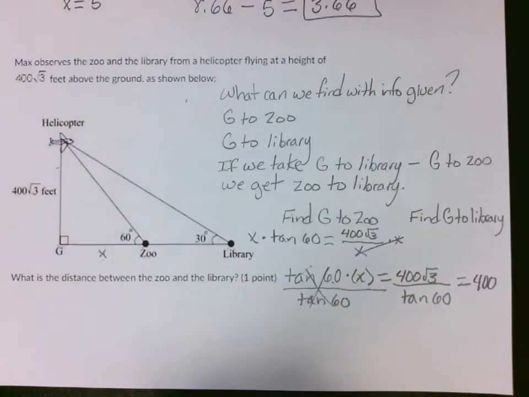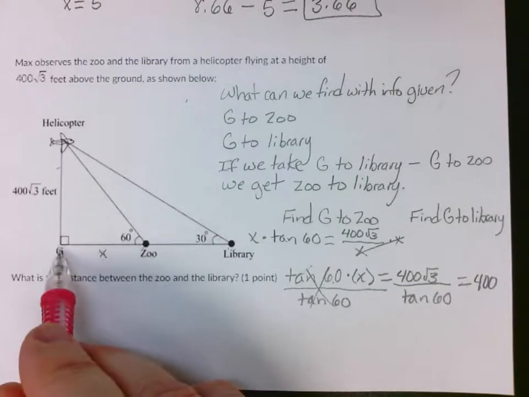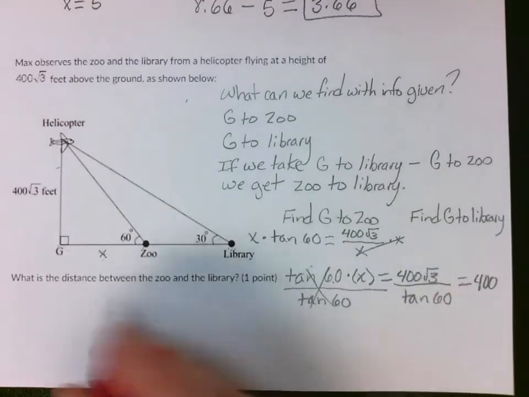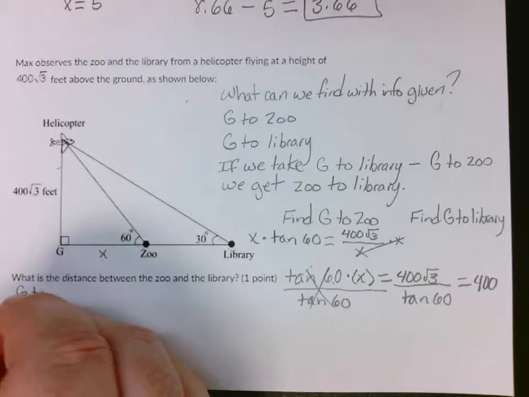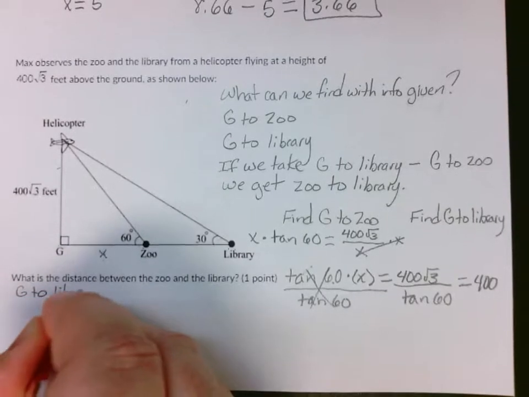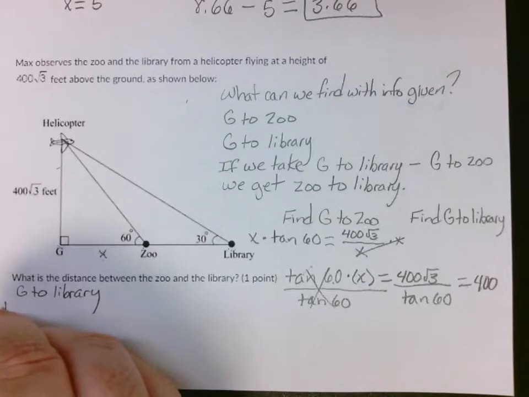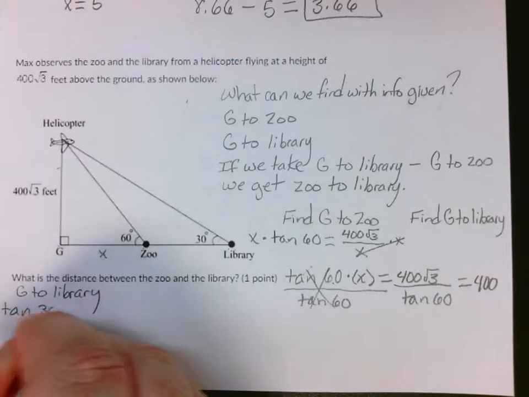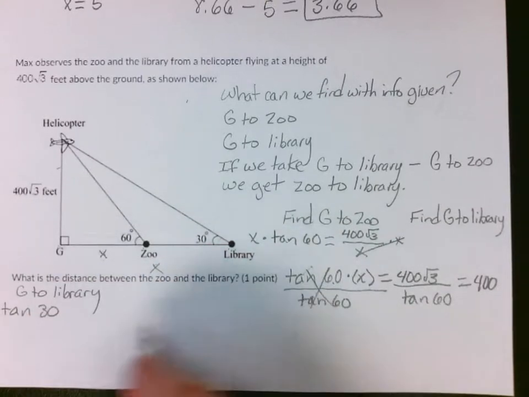Okay, and then, so that's the distance from here to here. Now we're going to find the distance from here to here. So I'm going to go ahead and do that down here. So G to library. Okay, so now we have tangent of 30. Same idea, opposite over adjacent. Okay, this whole thing, adjacent.